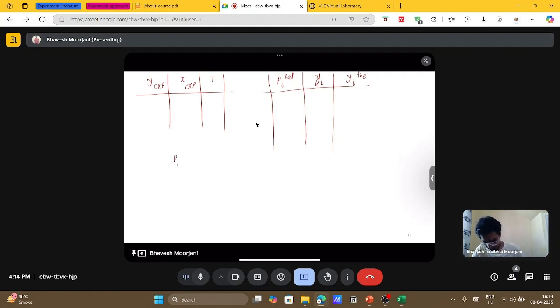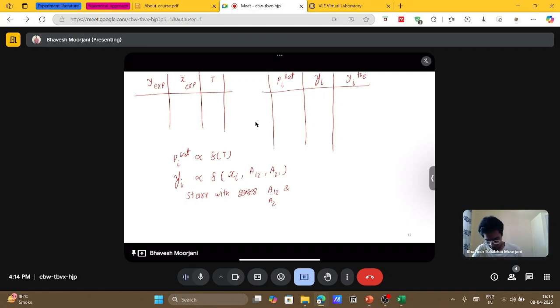Pi sat is calculated as a function of temperature. The activity coefficient will be a function of xi and the Margules parameters. So start with a guess value and find yi.